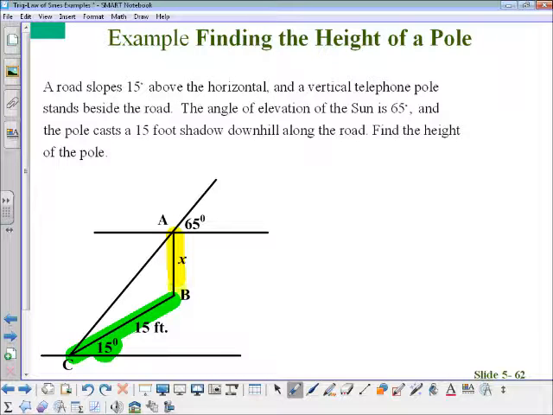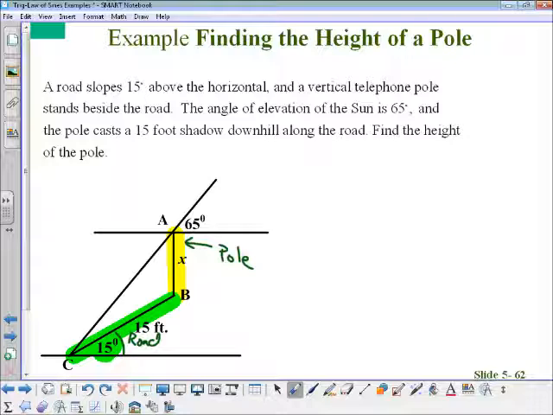That's what we're looking for, and you can tell that because there's an X next to it. Okay, so this is the pole. This is the road. Okay, this is like if the road kept going flat. Okay, so we need that because I need that angle.